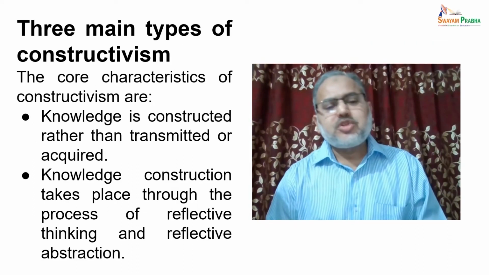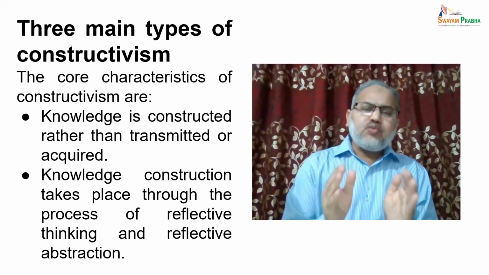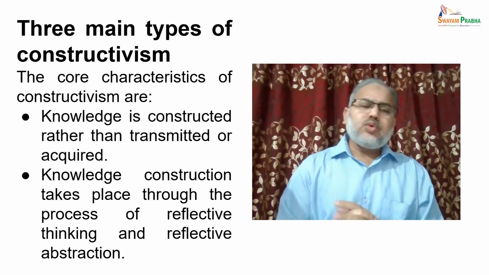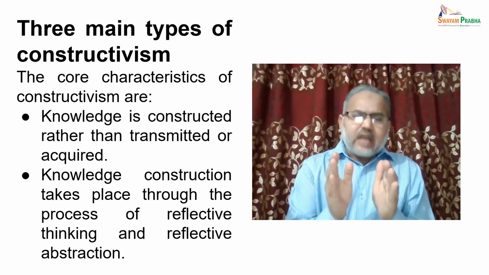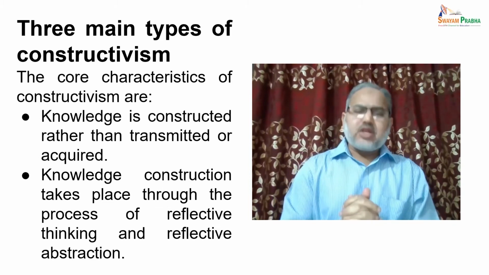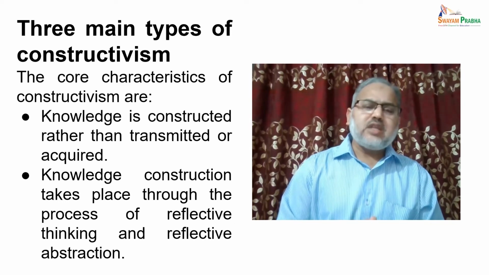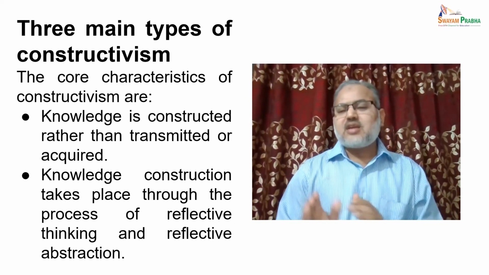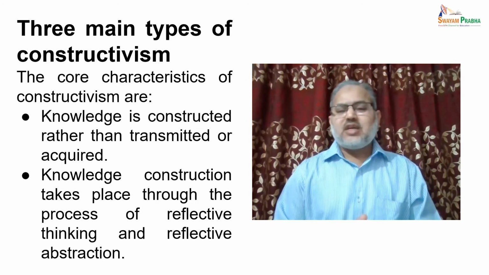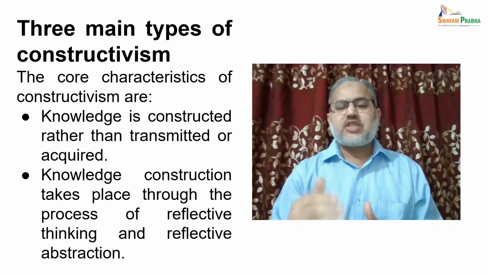Now come to the three main types of constructivism. Before we discuss them, try to see what are the core characteristics of constructivism. Although we have discussed some of the core characteristics, it is better to list out all of them here. So first one is that knowledge is constructed rather than transmitted or acquired. The second one is knowledge construction takes place through the process of reflective thinking and reflective abstraction.